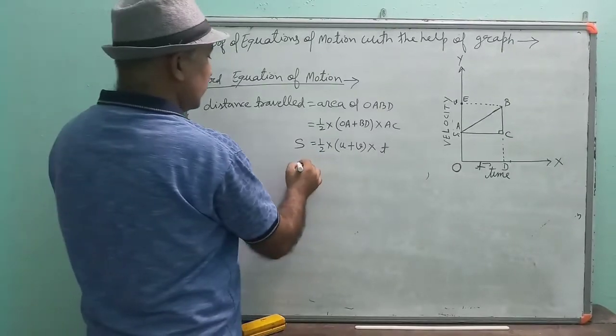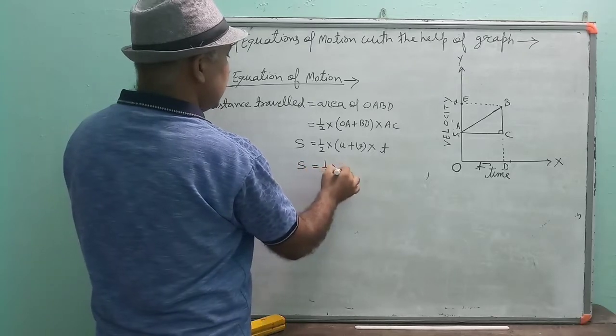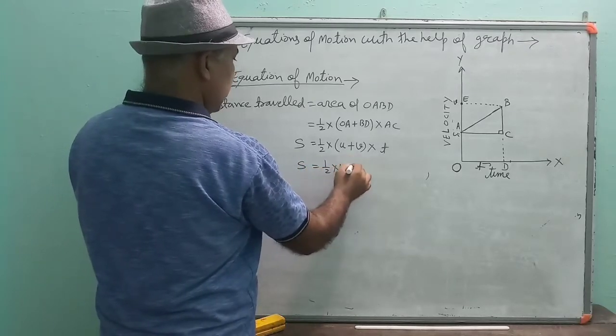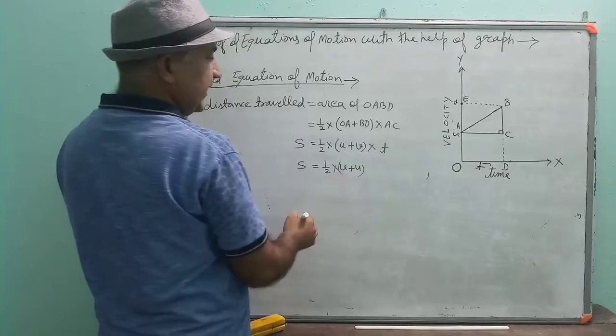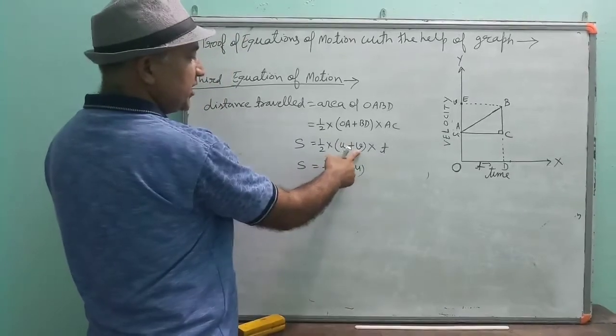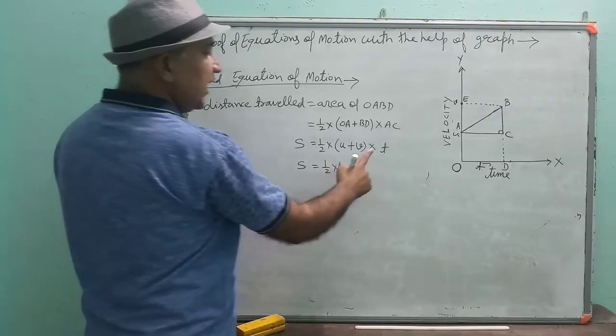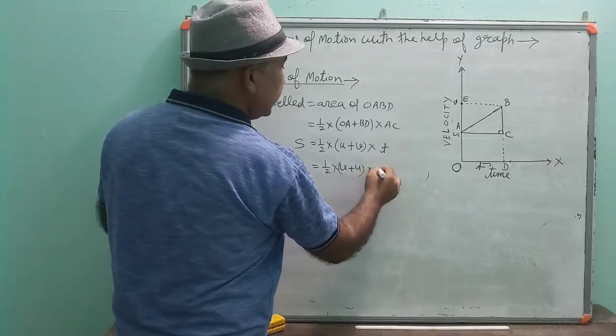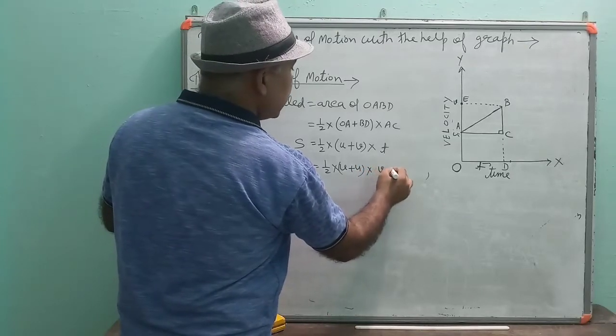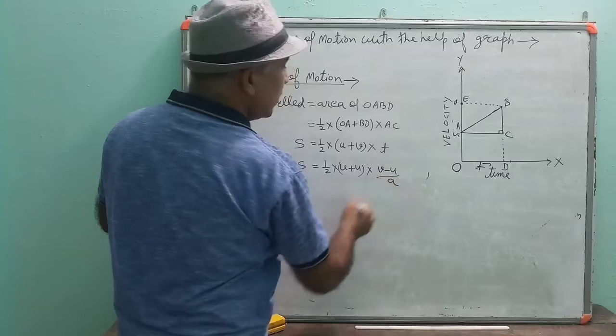Understood? Now from here, s is equal to half into v plus u. We can write at the place of u plus v, we can write v plus u. At the place of time t, we can write v minus u upon a.